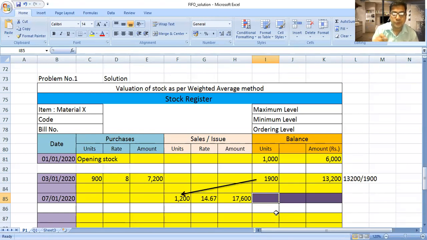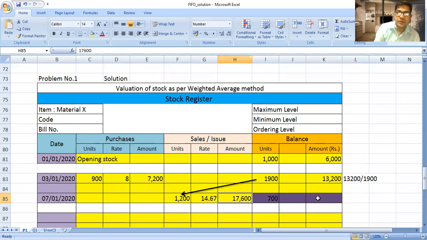Now friends, what will be the balance available units? From this 1900, 1200 sold, the remaining units are 700. From this 13,200, 17,600 we have considered to sold.